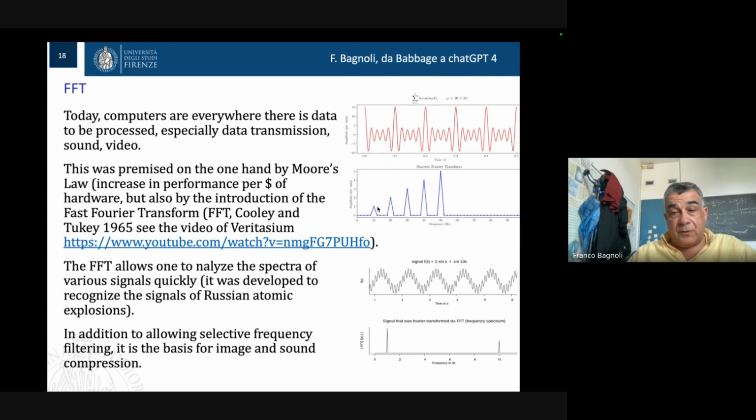And so this becomes practical and useful. This technique was developed in order to analyze signals that revealed the explosions of Russian atomic bombs from the atmosphere.